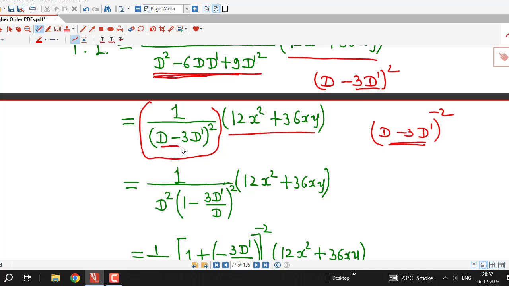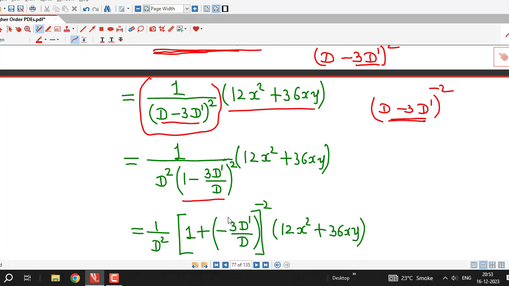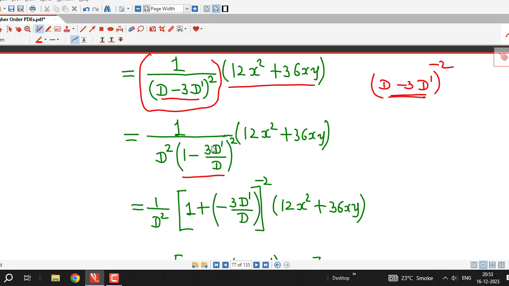First I have taken D common here, so I have 1 minus 3 D dash by D into D, and the power is 2, so I have written the square of both quantities, and this I can rewrite as 1 plus negative of 3 D dash over D, with power minus 2, because this is in the denominator. So if we write it in the numerator, we have to write the power as minus 2.